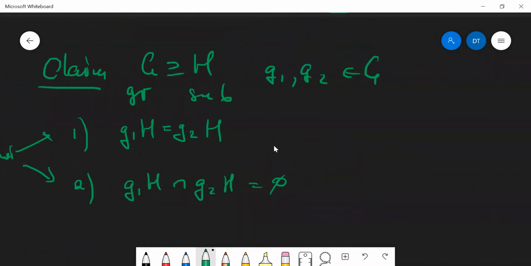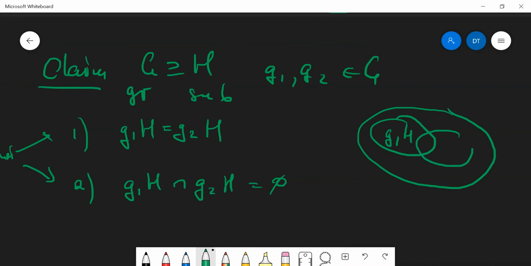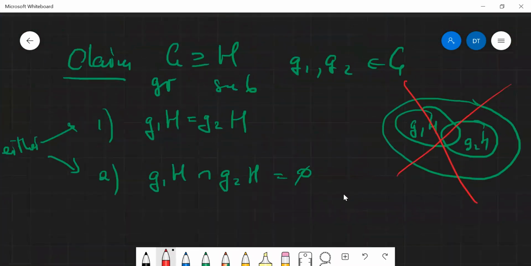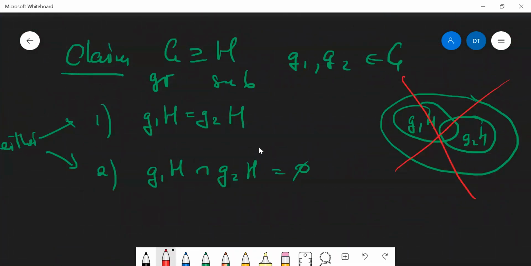It's impossible to have something like that: G1H, G2H. So this is impossible. You never have that. Okay, if you have any questions regarding the claim, please ask. But if not, then I'll proceed to the proof.